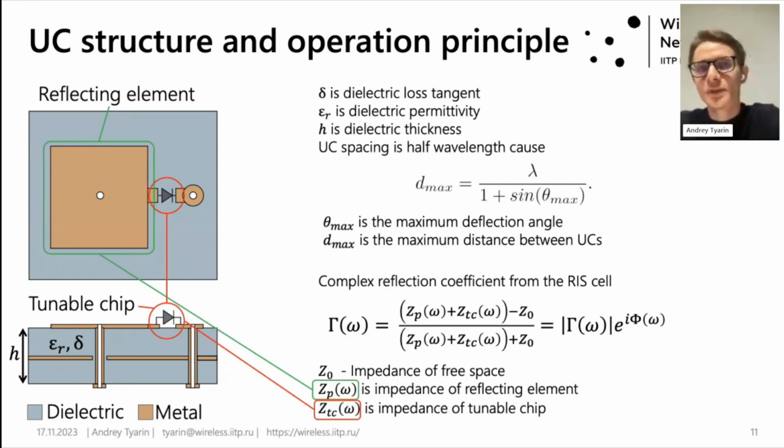Also, since beam steering is one of the frequent RIS functions, the maximum deflection angle, theta max, is an important parameter, and the maximum distance d max between adjacent UCs is expressed on the slide. Therefore, a distance between the elements equal to half the wavelength is the optimal value.